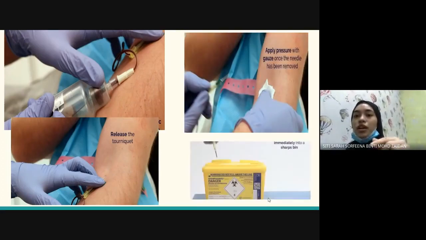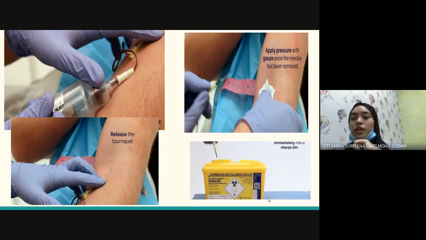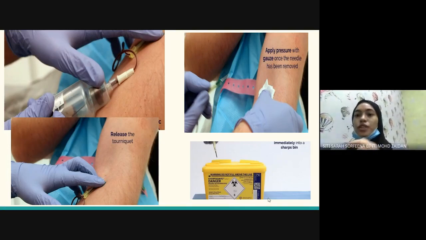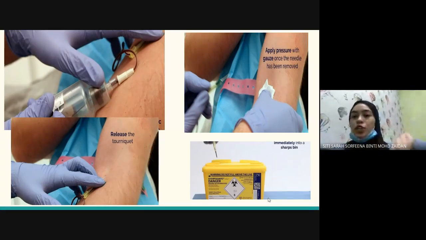Okay, so this one, they will do it manually, whereby they will insert the first bottle into the blood sampling device and take the blood, and also insert another bottle. However, in the Malaysian setting, after they have taken the blood in the 20 cc syringe, they will insert the blood into the blood culture bottles separately.